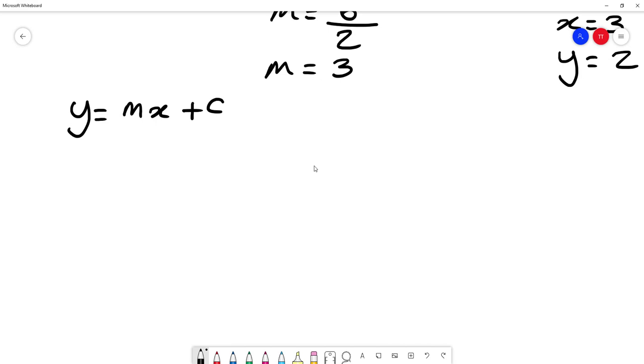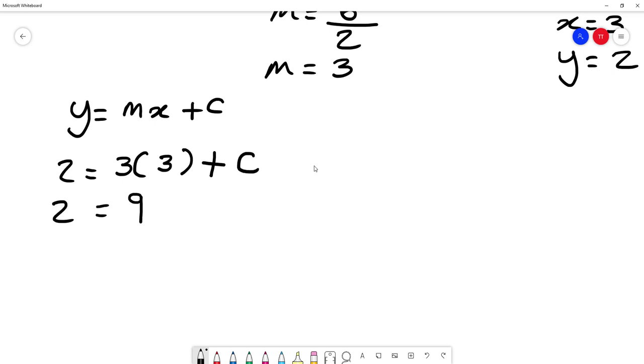So y is 2, m is 3, the x coordinate is also 3 in this case, and then we get plus c. So 2 equals 3 times 3, which is 9, plus c. We're going to minus 9 on both sides of the equation, and so we get 2 take away 9 is minus 7 equals c.